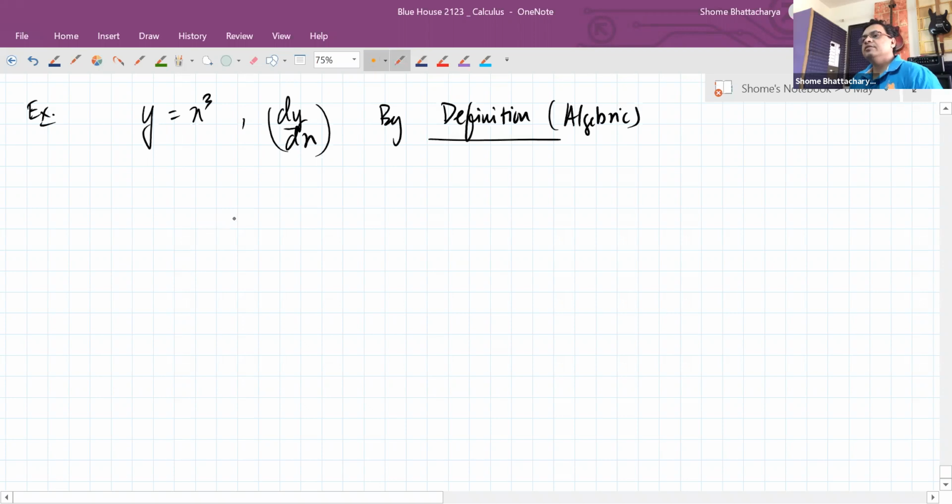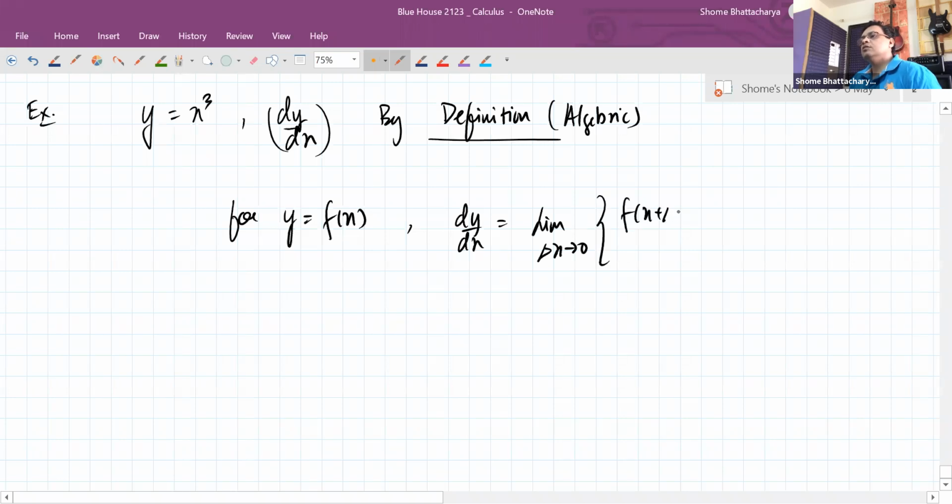So by the algebraic definition, for y is equal to f(x), the instantaneous rate of change is defined by the calculation of this limit. I'll use the symbol lim as a short form for limit. This is what we have to do.